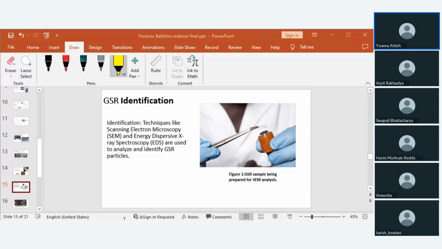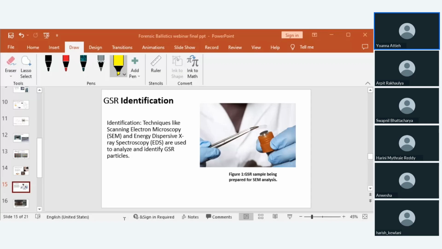We have the scanning electron microscopy, and this is the best one, known as SEM. So SEM, guys, is the gold standard for GSR analysis. Why? Simply due to its high resolution, which allows forensic experts to examine the unique characteristics of GSR particles at the nanoscale.